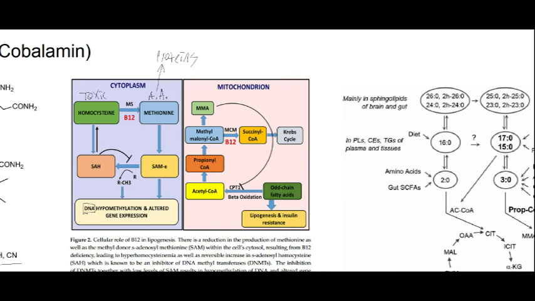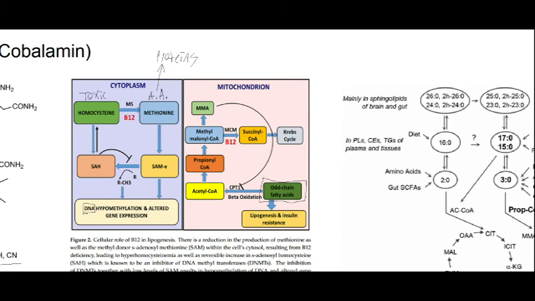But B12 is also used in the mitochondrion for fat metabolism. The B12 is used here when we have this methylmalonyl-CoA, which is, I believe, a 3-carbon fatty acid, to turn it into succinyl-CoA, which can then enter the Krebs cycle or tricarboxylic acid cycle, or whatever you want to call that cycle.